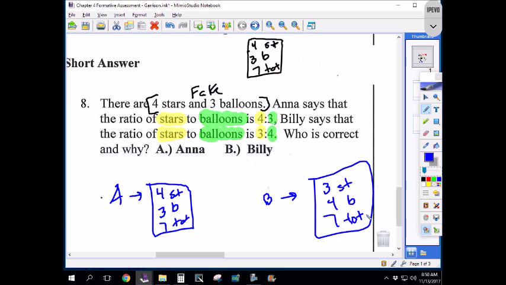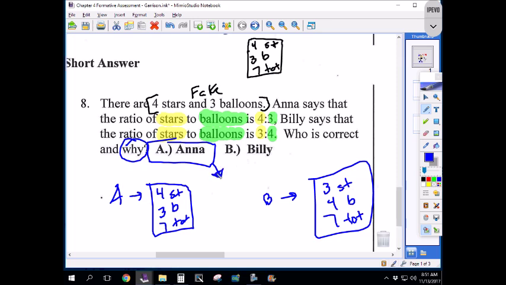So first off, let's determine who is correct. Who is correct here? Billy or Anna, number 1, yeah? Anna is absolutely correct. And then, okay, so that's part of this answer. But you then have to explain. It says who is correct and why. So you had to write a sentence, or not really a sentence. What did I tell you?